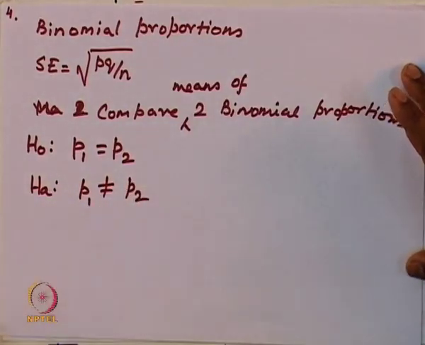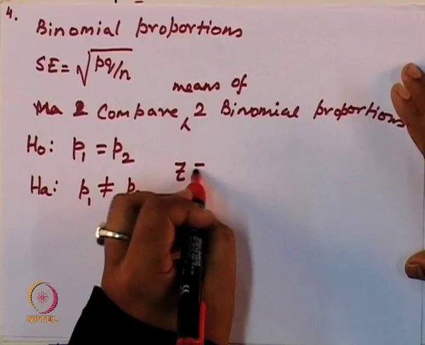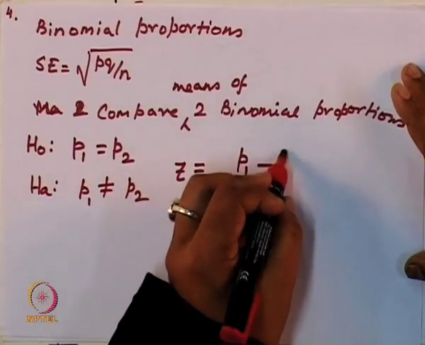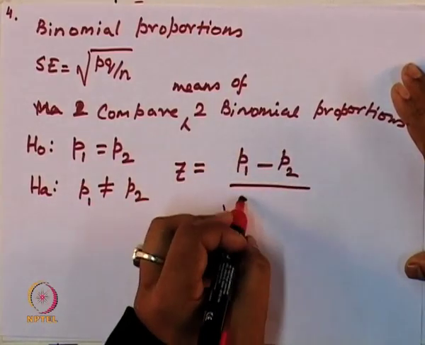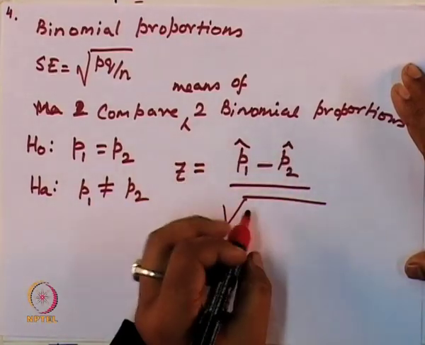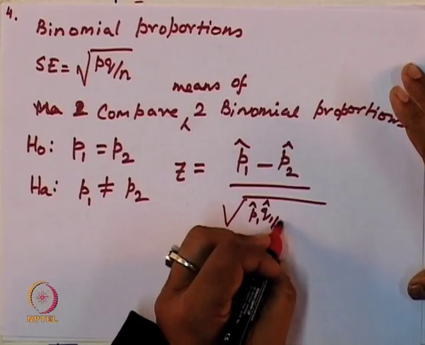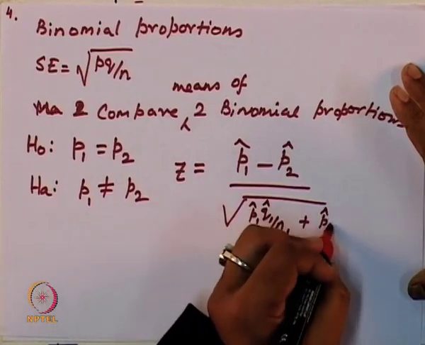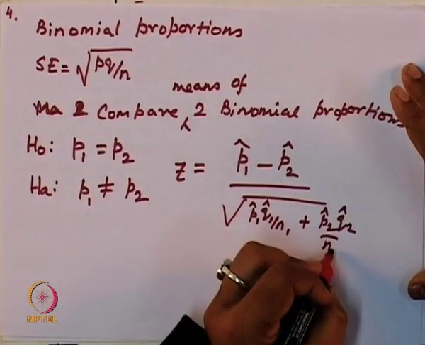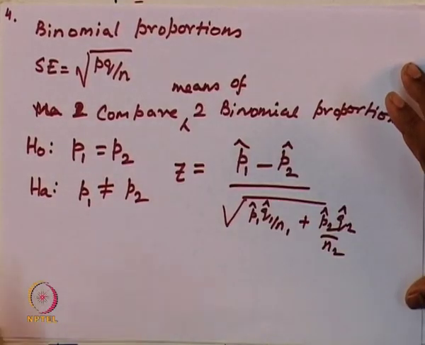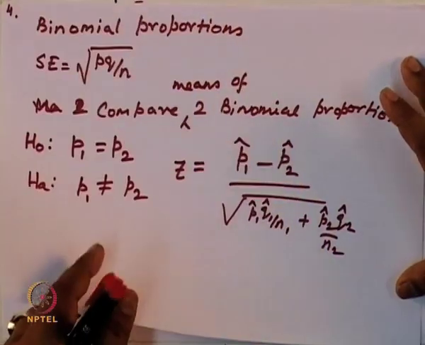So, your test statistic z is calculated as p1 hat minus p2 hat by root of p hat q hat by n1 plus p hat q hat by n2. Okay. So, let us take a sample example to see how we can solve this problem.